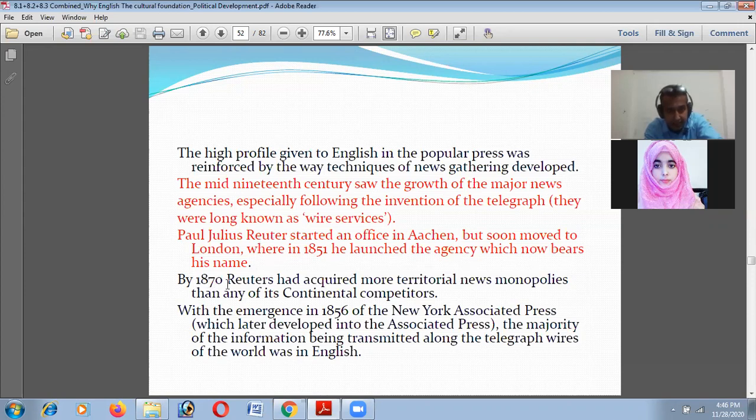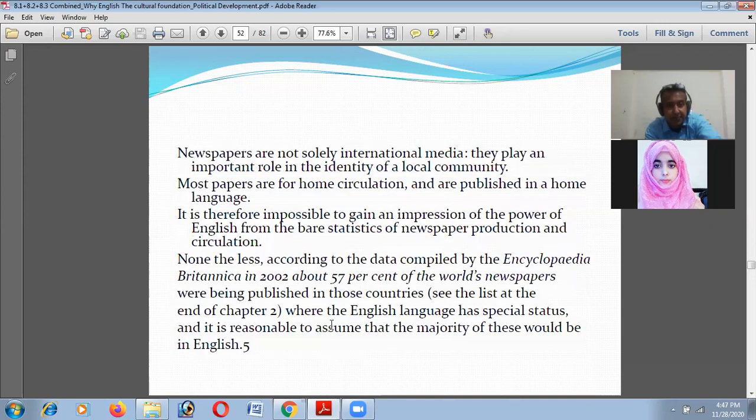In 1870, Reuters had acquired more territorial news monopolies than any of its continental competitors. So after the invention of the telegraph, such kind of wire news we get in the English language.